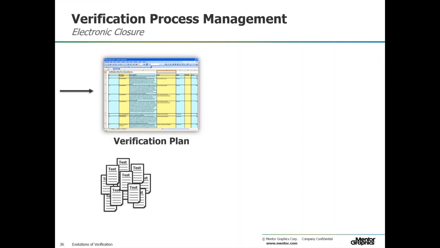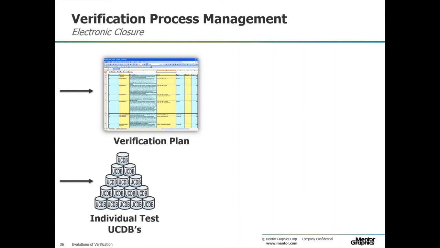And then on the testing side, I'm going to create a bunch of tests, and maybe some of these are randomized tests with different seeds, maybe they're different tests. So I run this whole suite of different tests. Each one of those creates a UCDB, which has a certain amount of coverage.